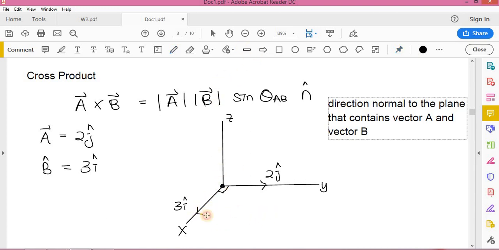So I will draw you the plane. What is a plane? The plane must be parallel to the axis. A plane is like a piece of paper. The direction is normal to the plane. Normal means what? This is normal.